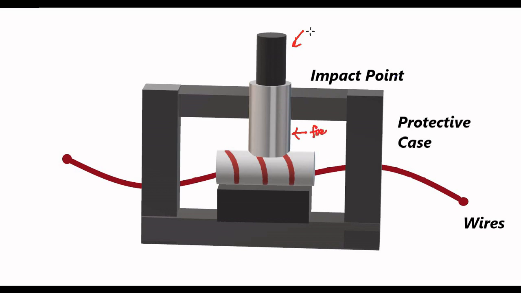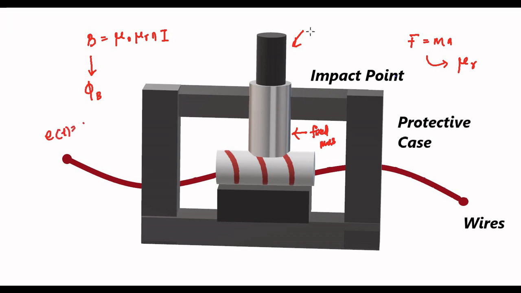The force, mass into acceleration, is applied to this solenoid, and as a result there is a change in relative permeability, which causes a change in magnetic flux density, then a change in magnetic flux, and that causes a change in EMF as per Faraday's law of electromagnetic induction.